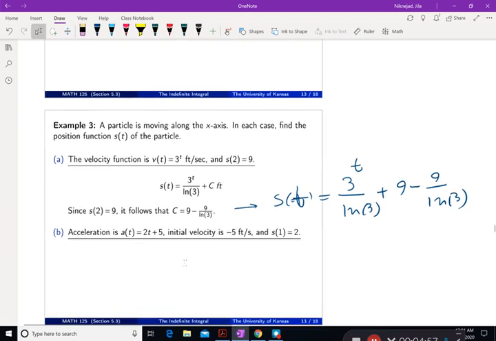That was when the velocity function was an exponential. What if the acceleration function is equal to 2t plus 5, the initial velocity is negative 5 feet per second, and s of 1 is equal to 2?